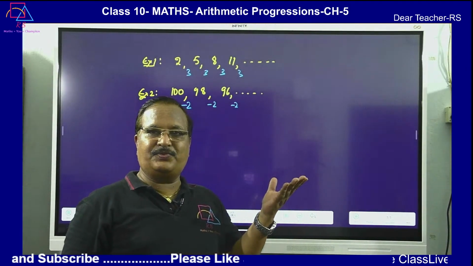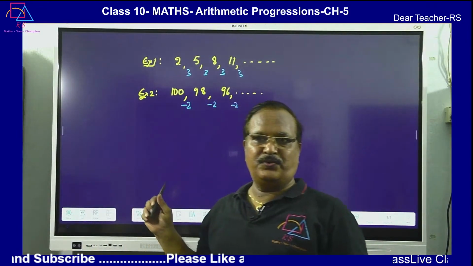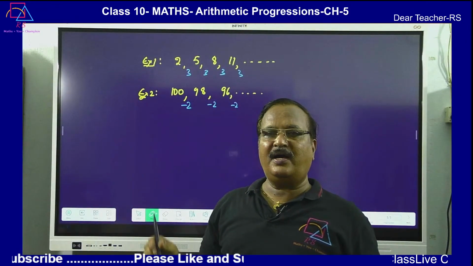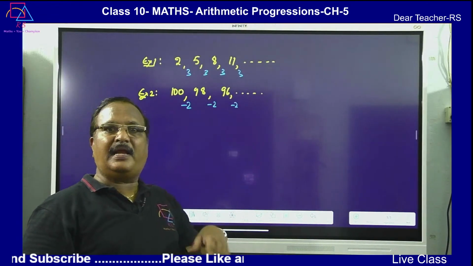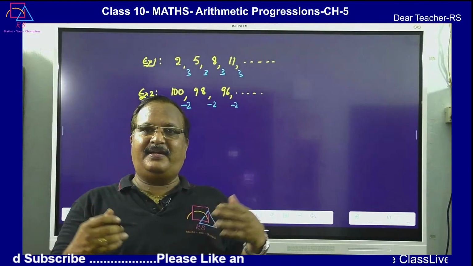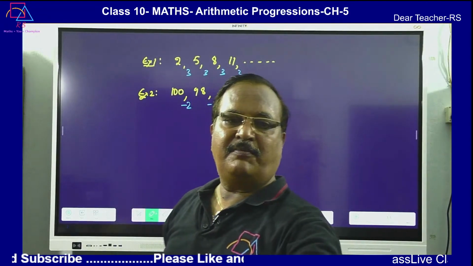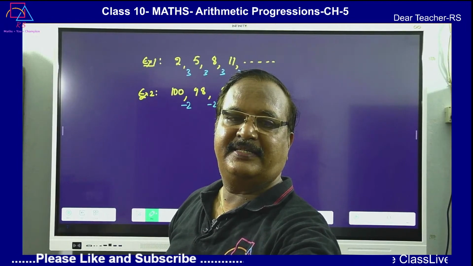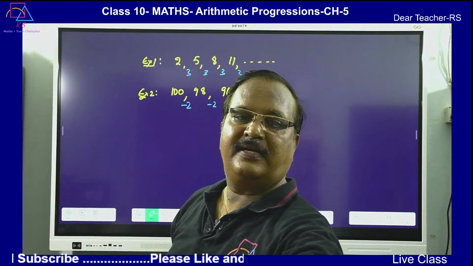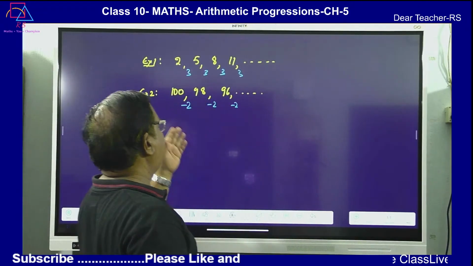Adding minus 2 is the same as subtracting 2, and this also comes under adding only. Because we are at 10th class level, we have to speak in the form of integers.